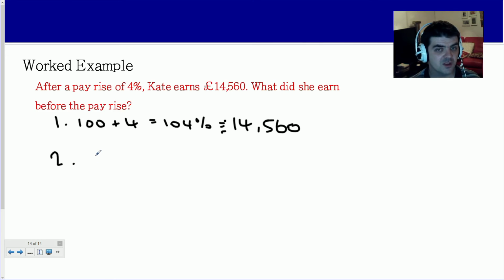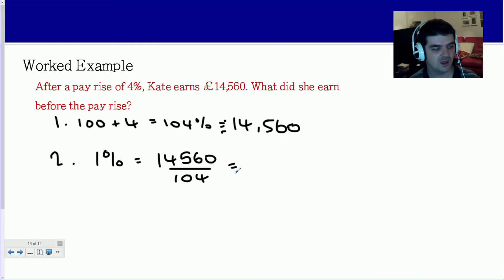Okay. Second step, we've got to work out what 1% is. So how do we do that? To get 1%, it's going to be 104 times smaller than the 104%. So we're going to take our 14,560 divide by 104. And if I do that, I get 140. I'm pretty sure.